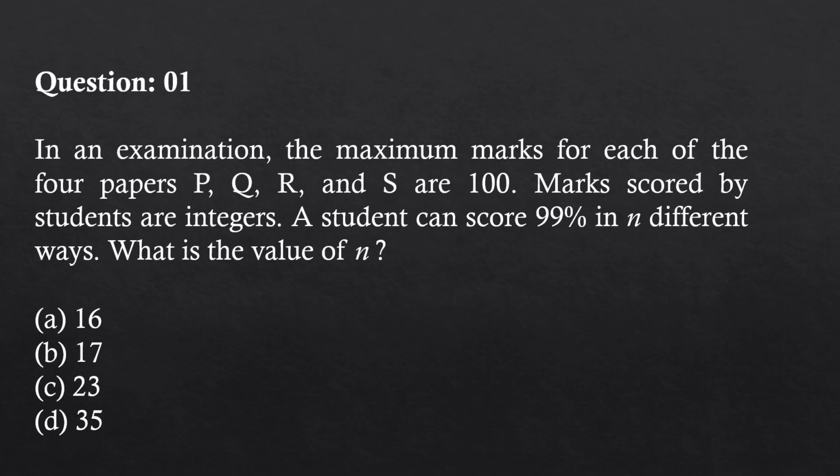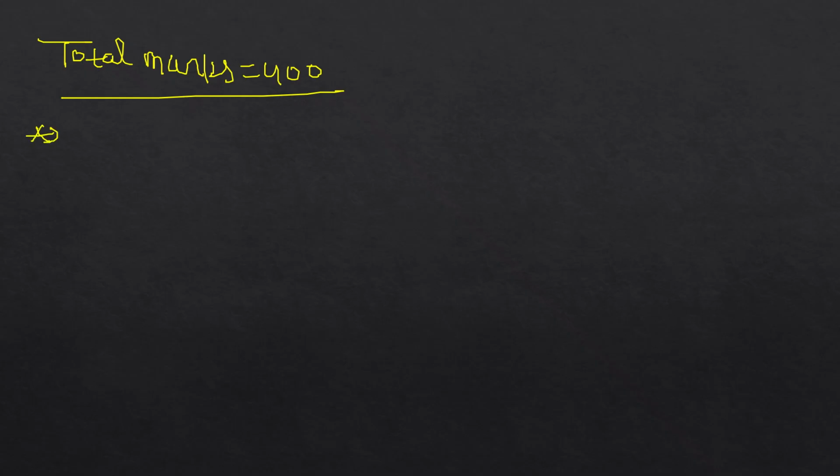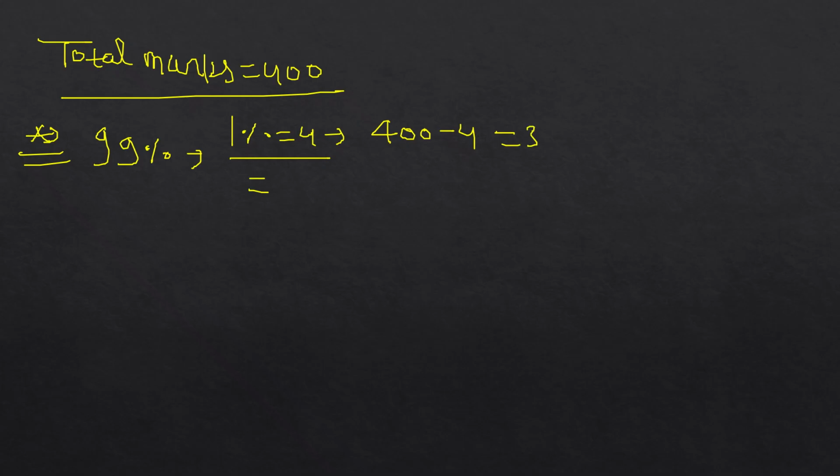So let's start. Total marks are 400 and the student can achieve 99%. So 1% equals 4, and 99% we can find as 400 minus 4 equals 396.